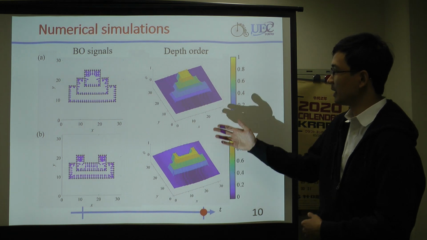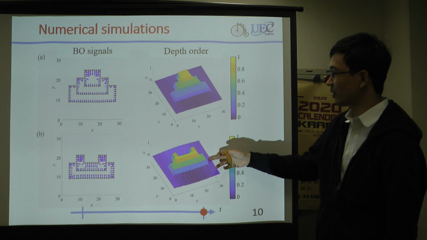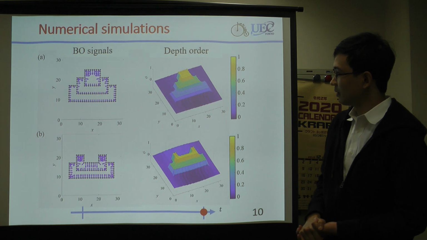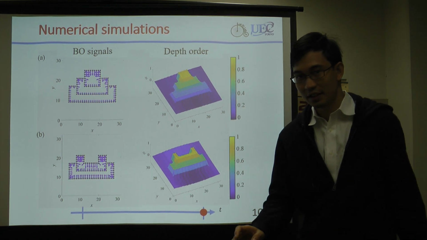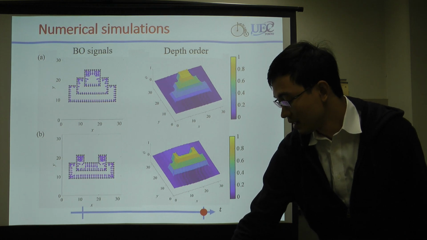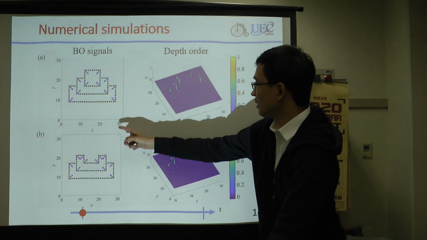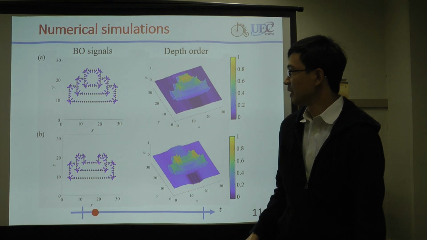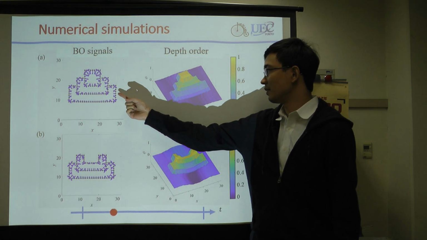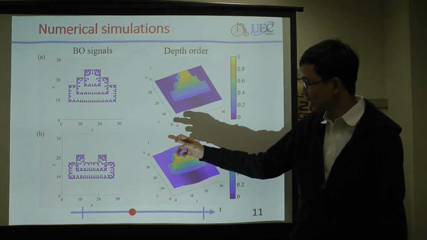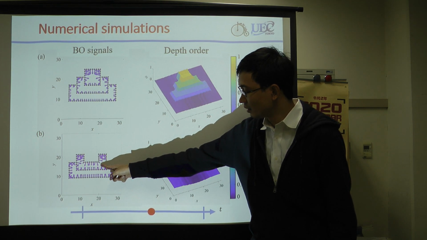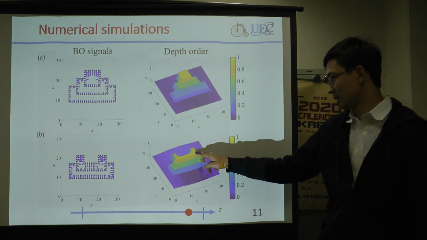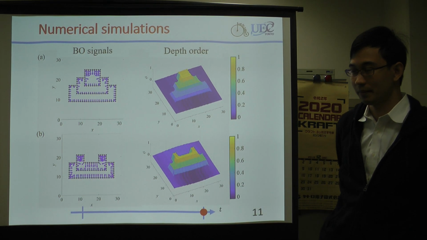At the same time, you can see depth order will change according to how we actually perceive the object. Now let me run that one more time. First of all, these two vectors point in the same direction. However, if you run that, in the first example, these vectors remain in the same direction. However, in the second example, the vector will realign itself. It will turn around and face this side, which is the side of the occluding object.